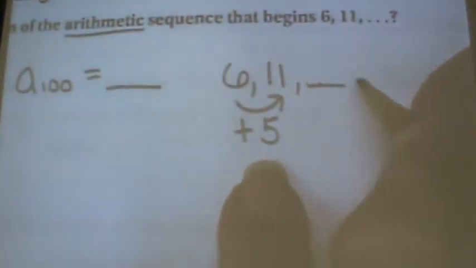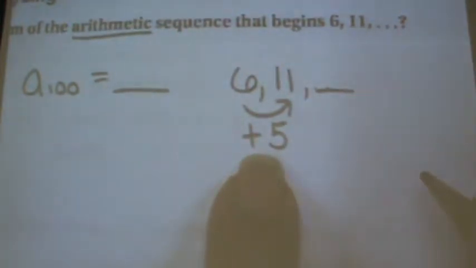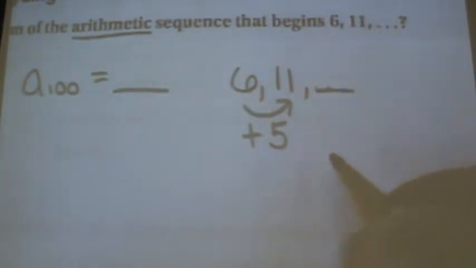To find the 3rd term, I would have to add 5. The 4th term, I'd have to add 5 to that. To get the 100th term, I'd have to know the 99th term, and I could keep adding 5, but that is just too much. So this particular problem, you definitely want the explicit formula.